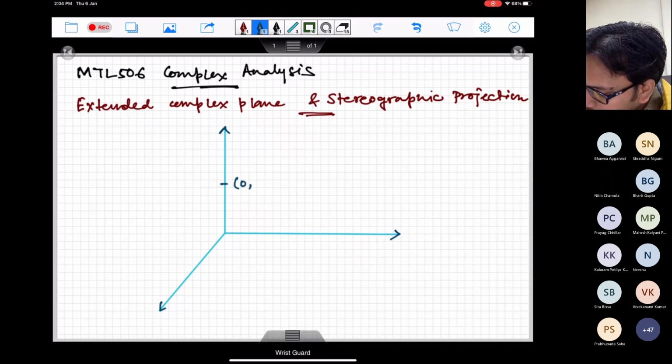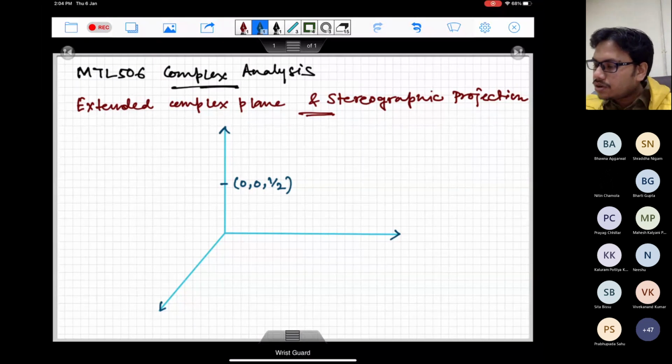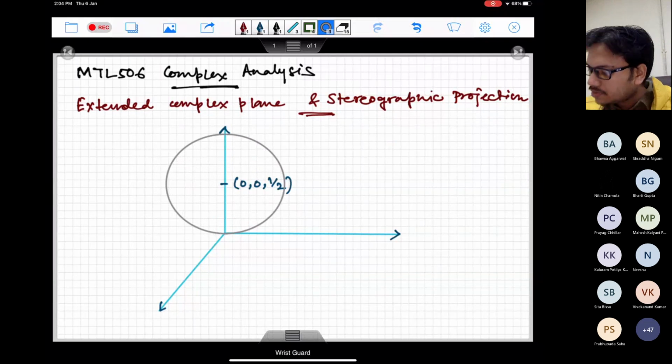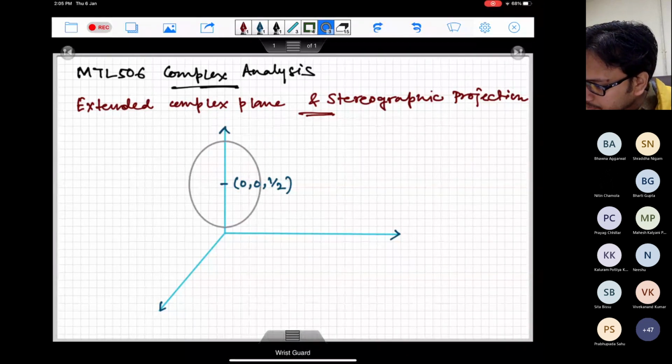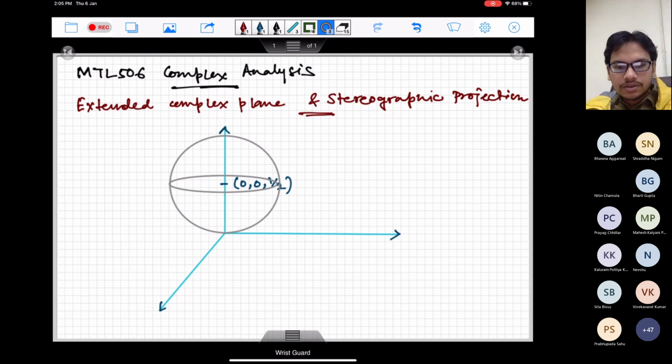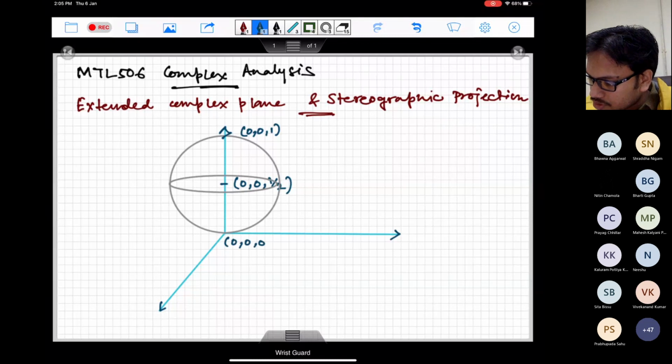This is the point (0, 0, 1/2). I am going to draw a sphere centered at this point. The picture is not very accurate, but you understand what it is. It's a sphere centered at (0, 0, 1/2), and this point is (0, 0, 1). This is my origin, which is (0, 0, 0).